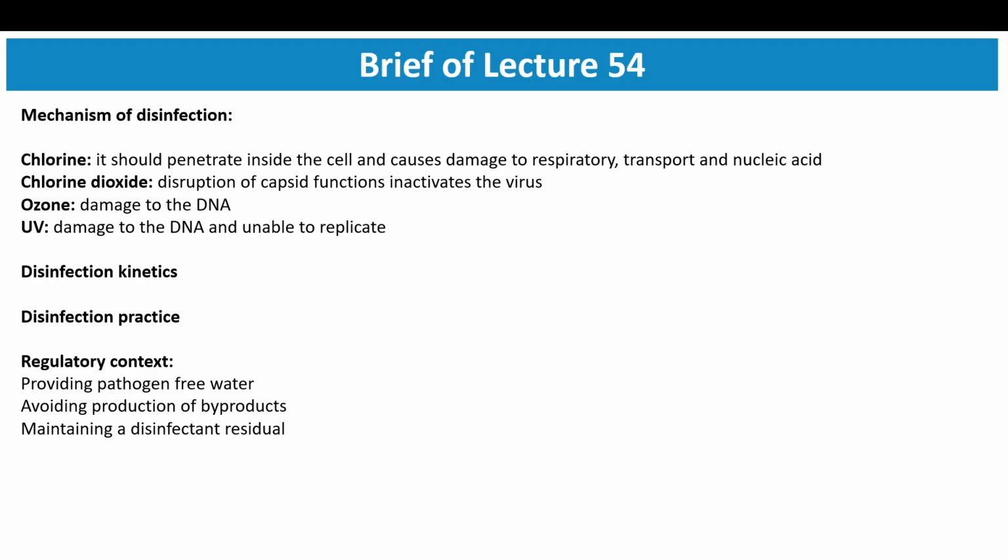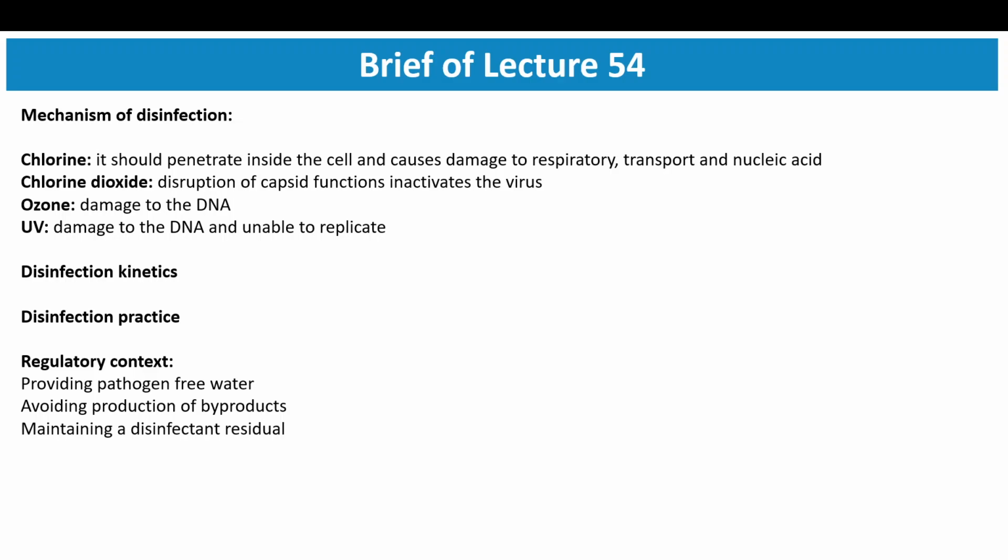For example, chlorine penetrates into the cell and causes damage to its organ and the basic nucleic acid which is responsible for membrane cell. So it causes the disruption of cell.